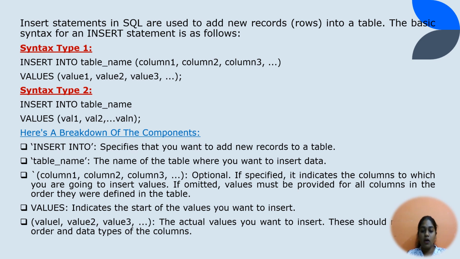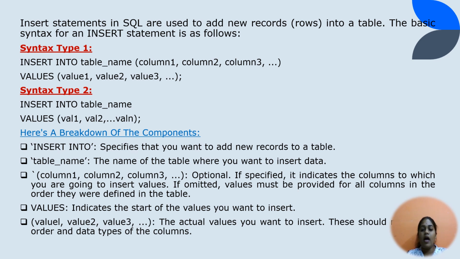Here is the breakdown of the components mentioned in the syntax. Insert into specifies that you want to add new records to a table. Table name is the name of the table where you want to insert data. Column 1, column 2 and column 3, one or more, indicate the columns to which you're going to insert the values.